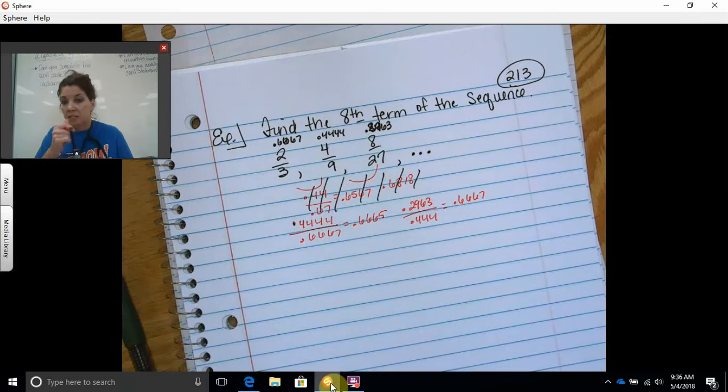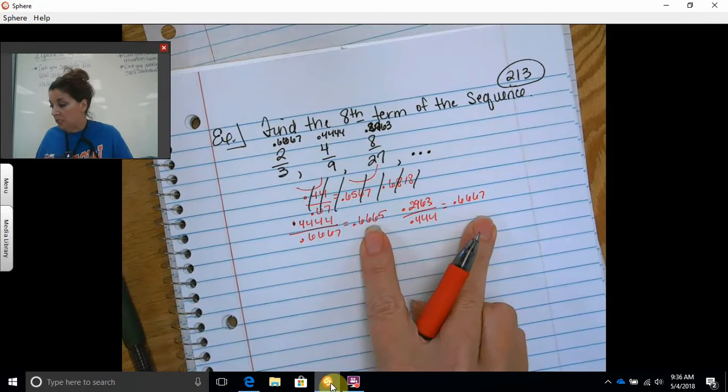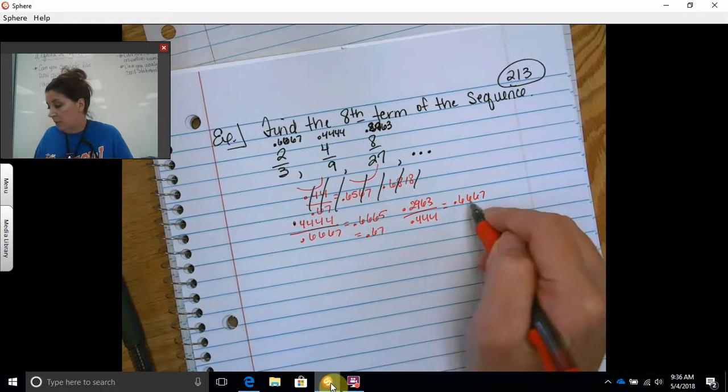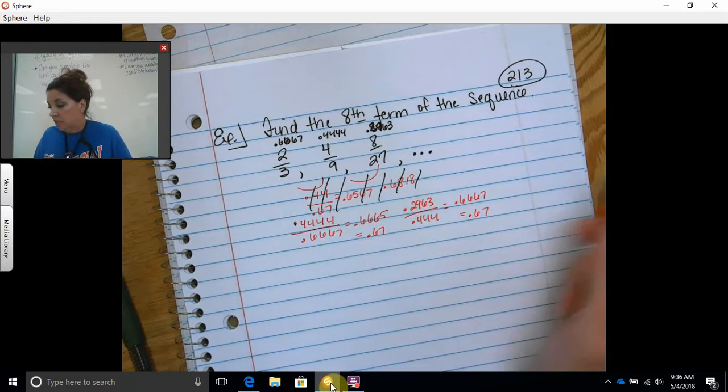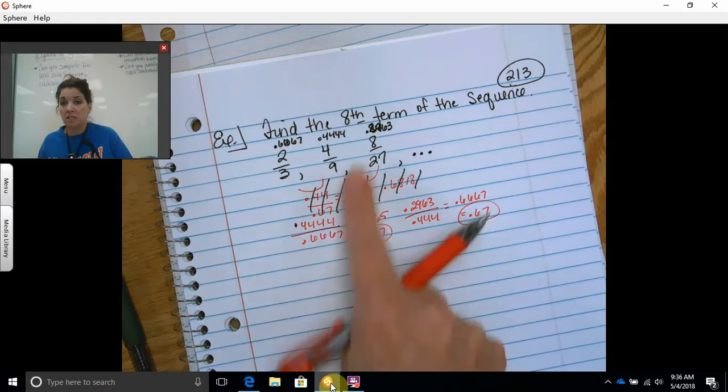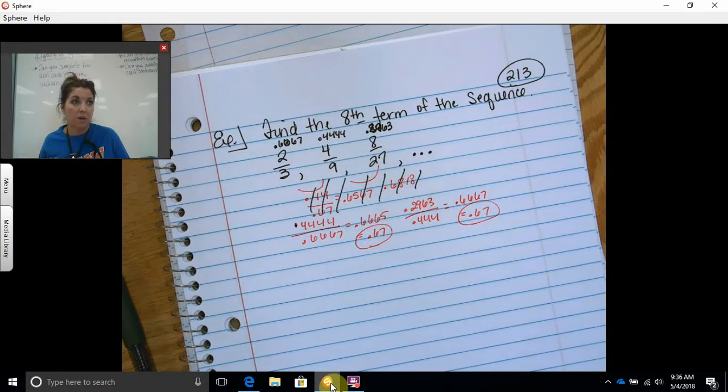So if we rounded these two to the nearest hundredths place, that would be 0.67 and that would be 0.67. So I would say, being that we're rounding, that the common ratio would be 0.67, right? Now, if we left them as fractions and there was no rounding, that would be more precise. Okay, so we have to keep that in mind. That's why you got to be careful with that rounding, because we rounded too soon and it was thrown off.